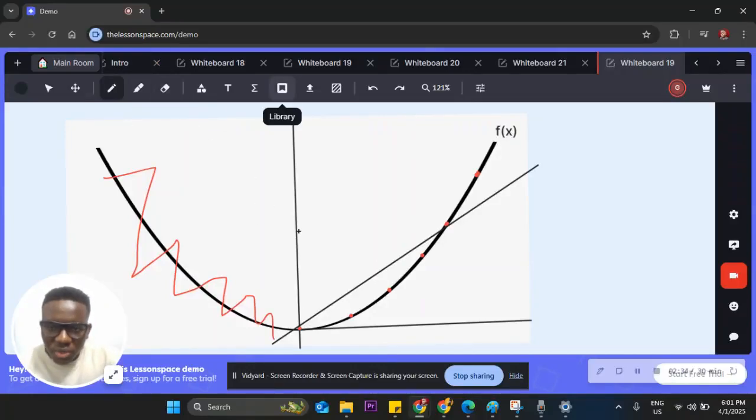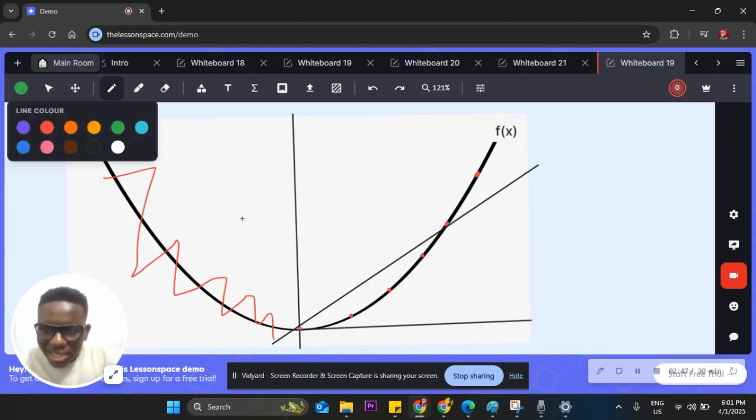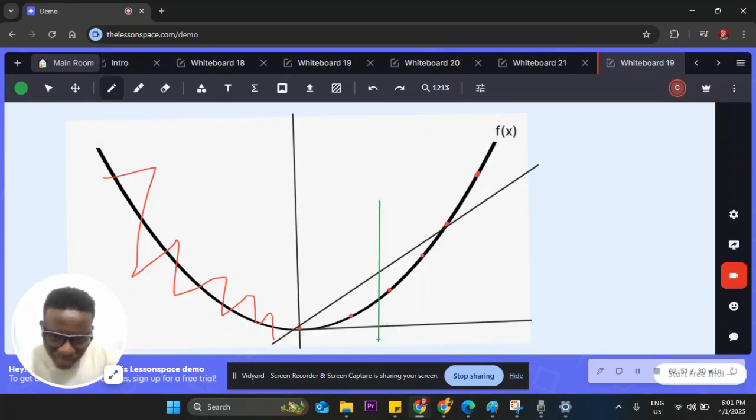But then we know that this car wasn't moving at the same speed when it was at 0 meters and when it was here, let's say somewhat 9 meters. Then we can say, okay, we are actually interested in the speed at least at some point here.